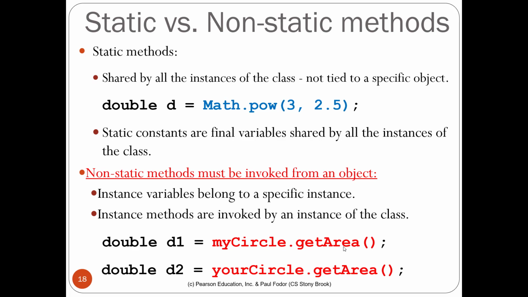So I can use this MyCircle, which is an object that I created, period, GetArea, and that's how I'll be able to call the method GetArea. Okay, and GetArea is non-static. Similarly, you can call GetArea for the second object, which is yourCircle. yourCircle was another object that we created.